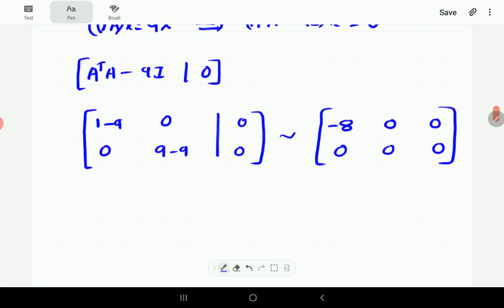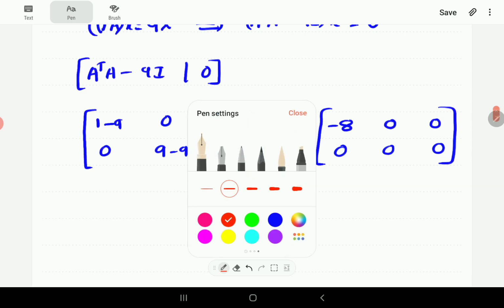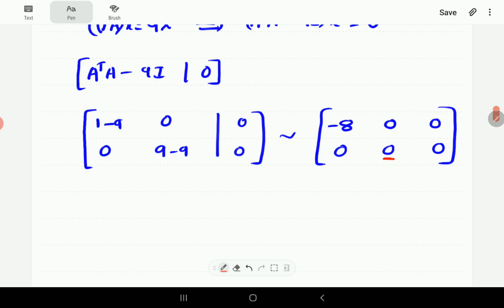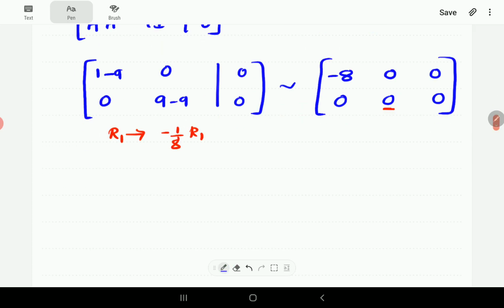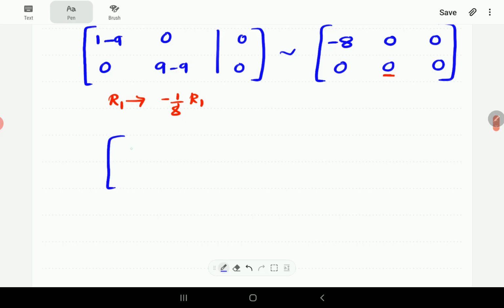Alright, so clearly if you observe here, our x2 is free. From R1, I just take negative 1 by 8 times of R1 for a simplification purpose, so that I'll get 1, 0, 0, 0, 0, 0.